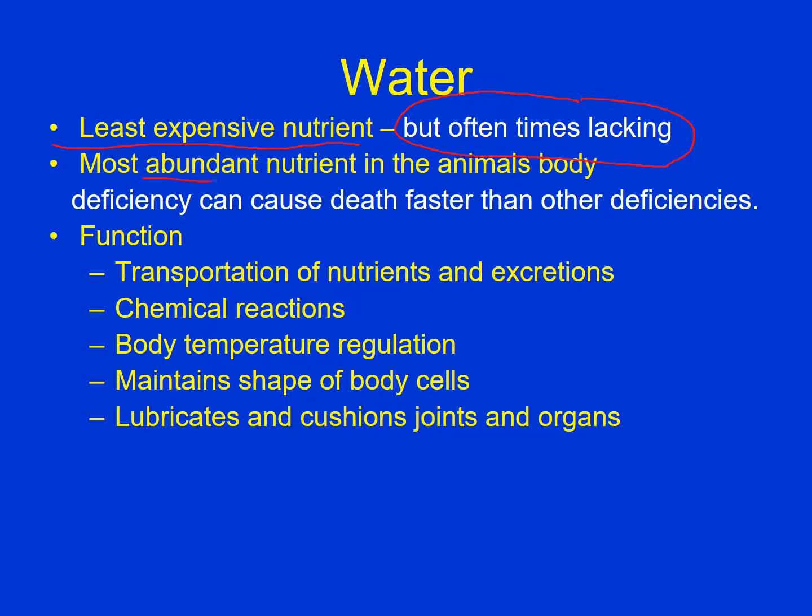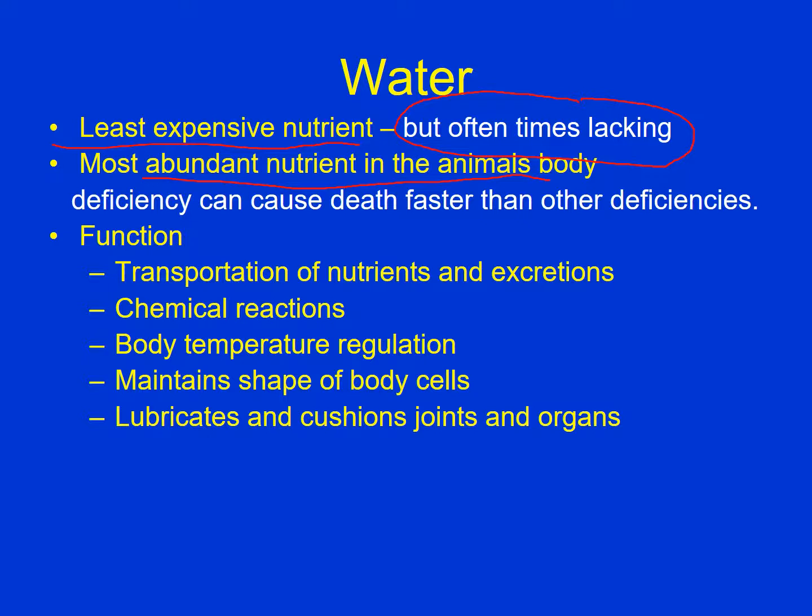It's the most abundant nutrient in an animal's body. An animal's body may be made up of 70% water.